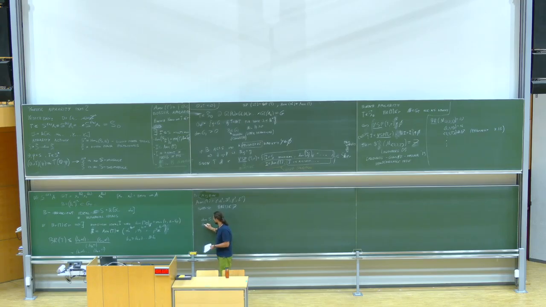I have the dimension of S mod I in degree i, and also the dimension of I_i, which will be just the difference of these two, and the dimension of the annihilator of T in degree i. And then this is going to be i.